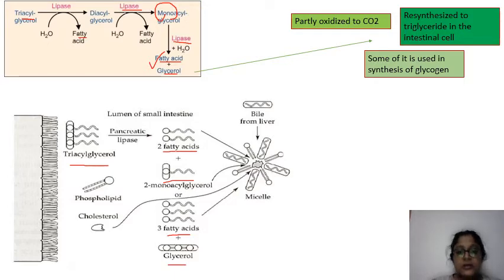All these things along with bile from liver get converted to a compound which is known as micelle. So either it is 2 fatty acid and 2 monoacylglycerol with the action of bile salt, or it can be 3 fatty acid and glycerol with the action of bile salt, that get converted to micelle, which is very much needed for absorption process.